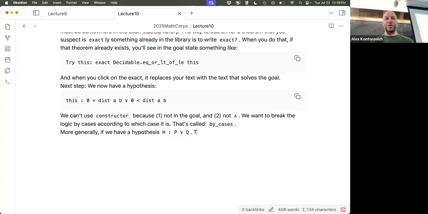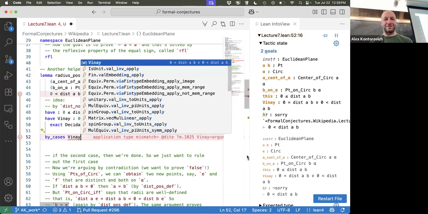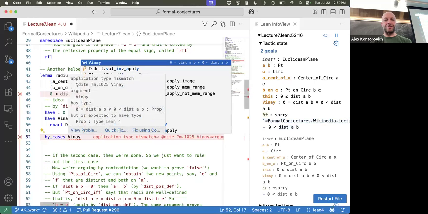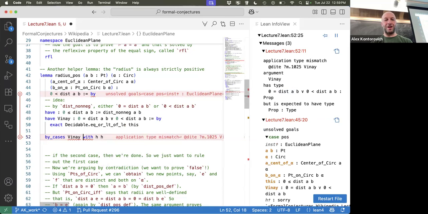More generally, if we have a hypothesis H, then writing by cases H results in... so let's try this, by cases Binet in our case. What's the matter with Binet? Oh, I have to give it with HH, using HH.